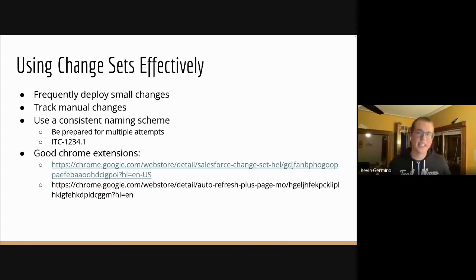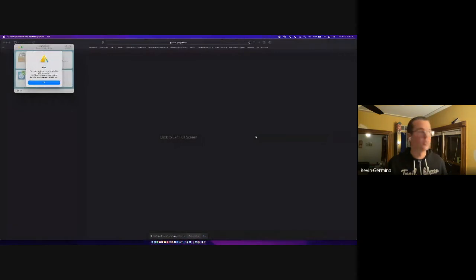I tend to like ticket numbers, so I will do something like ITC1234, that is my Jira ticket number, which would also be the name of my feature branch if I was doing that. But be prepared for multiple attempts. You don't want to see ITC1234, ITC1234 again, ITC1234, hopefully this time it works.